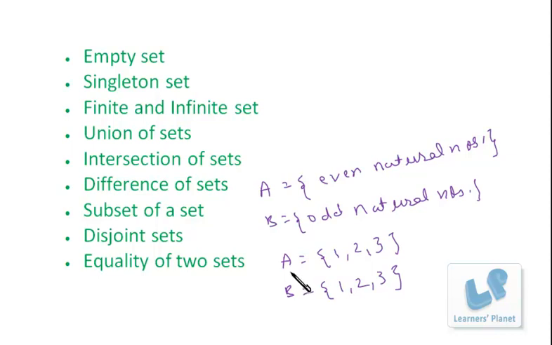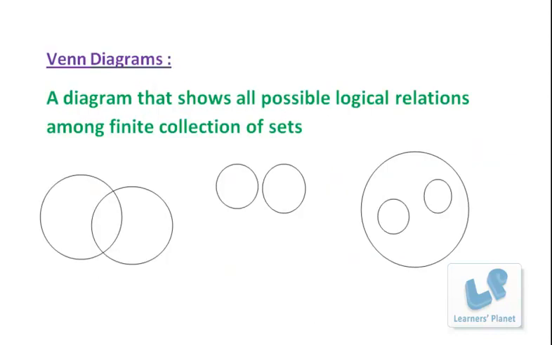Before taking problems, I just would like to explain one Venn diagram also. Now, let's discuss about Venn diagrams. Venn diagram, it's a circular representation of sets, right? A diagram that shows all possible logical relationships among a finite collection of sets, right?